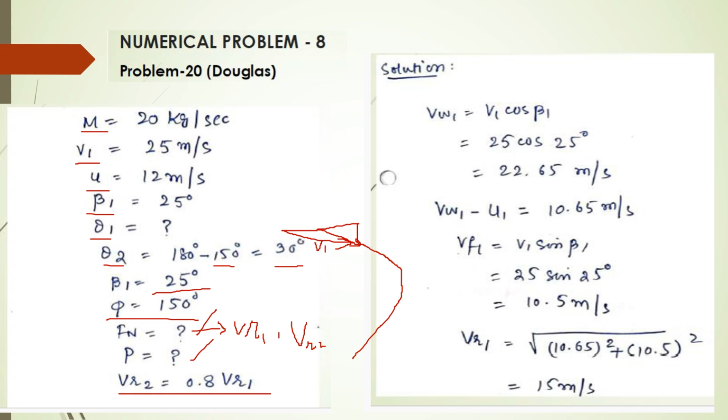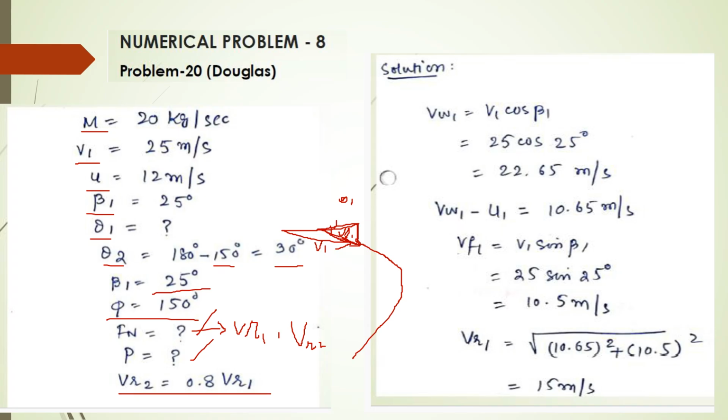Okay, this is V1 and this is VR1. Okay, we need to determine this VR1. To find out VR1, we need to solve this triangle, making an angle of theta 1. Okay, so here theta 1 is involved for VR1.